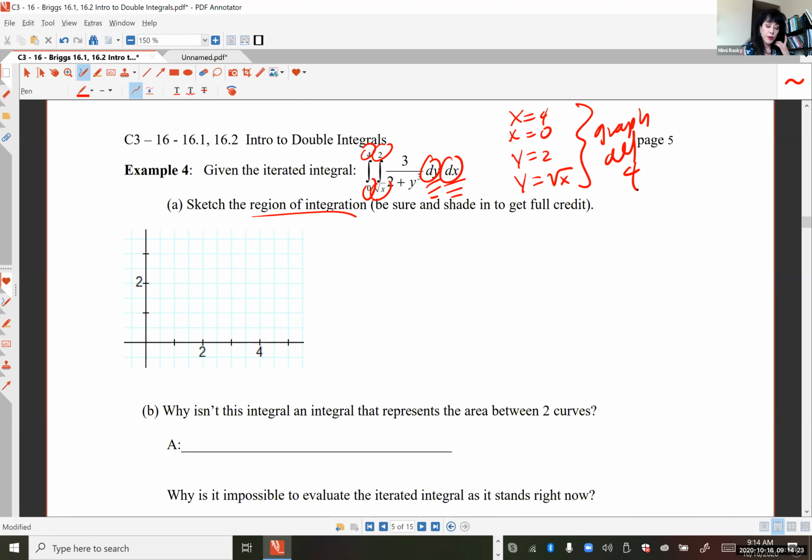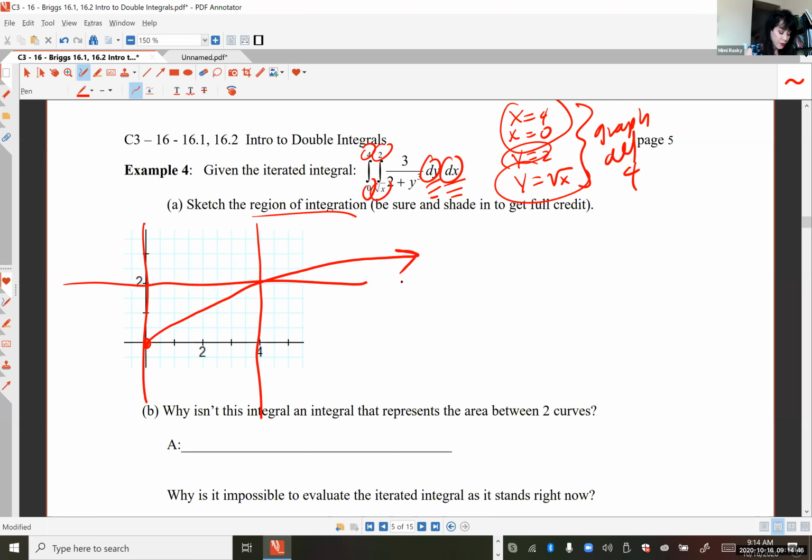And then, remember, these represent like the fences around your backyard vegetable garden. You have to identify the actual vegetable garden and shade it in. So x equals 4 and x equals 0 are beautiful vertical lines. There they are. Y equals 2 is a horizontal line. There he is. And y equals square root of x is the square root function, which looks like that.